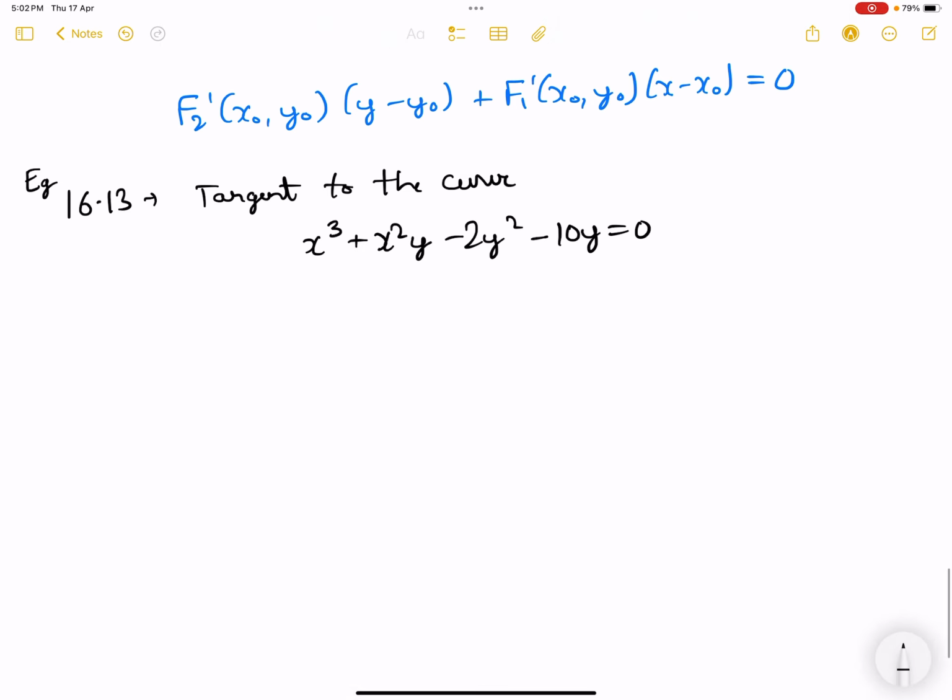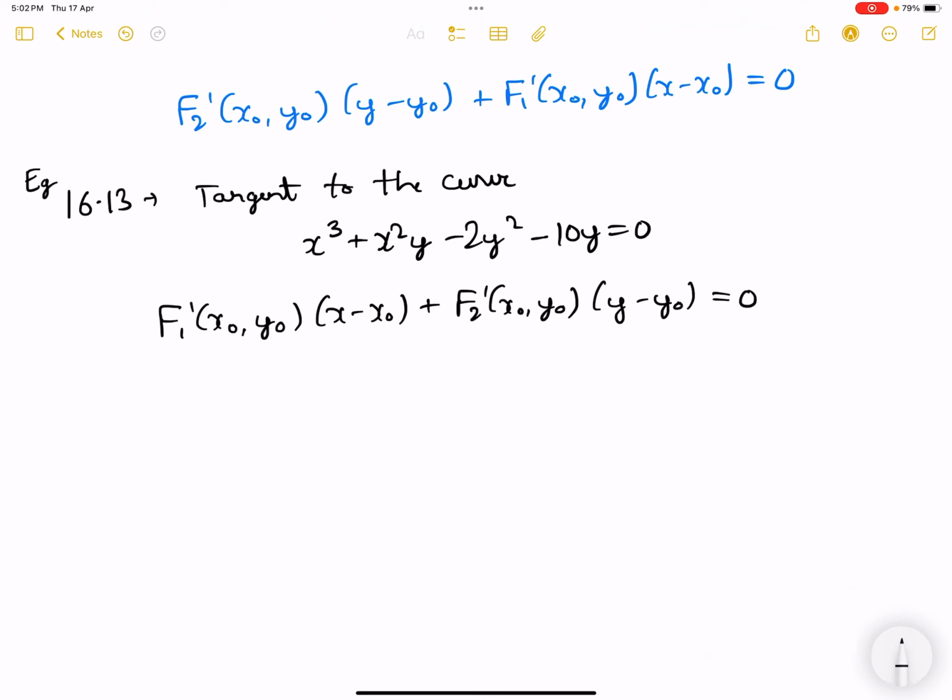Now you will see f1 dash (x naught, y naught) times x minus x naught plus f2 dash (x naught, y naught) times y minus y naught equals 0. This will give you the slope.